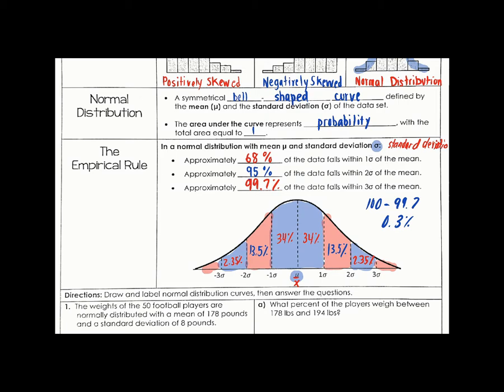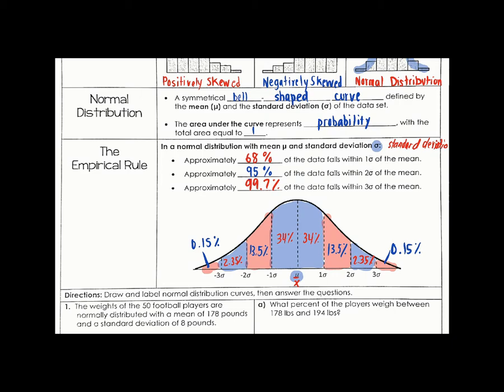So I have 0.3% lying in those outside pieces. Well, divide that by 2. That means there's 0.15% here, and there's 0.15% here. Okay? Now, step back and look at this. This is what you need to memorize so you can redraw these with all of our different problems when we've identified your mean and your standard deviation.